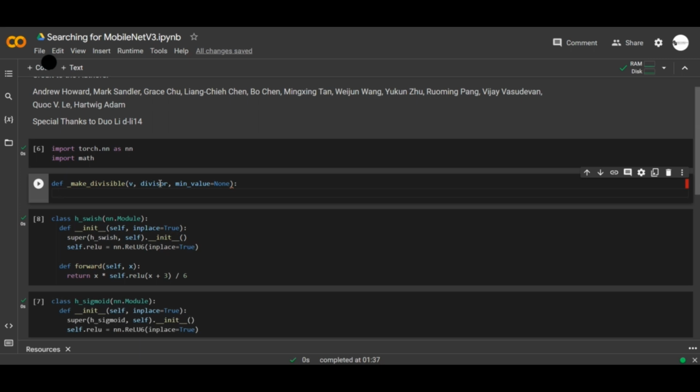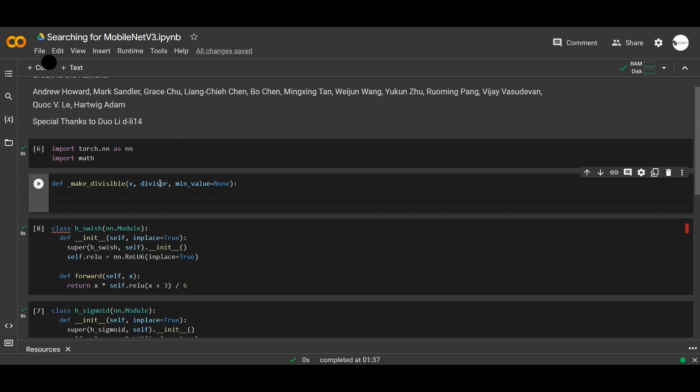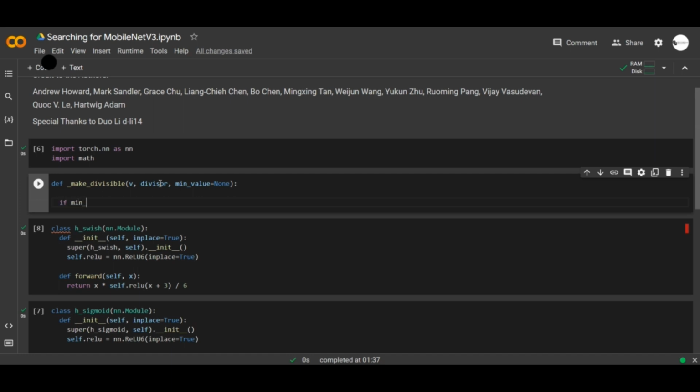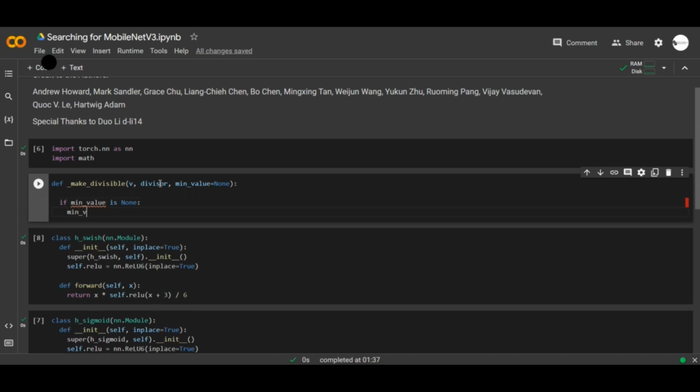So I'd like some feedback. Anyway, let's continue. Like I said, we try to ensure that all the layers have a channel number that is divisible by the divisor. So we're gonna say if min value, which is passed in there, is none, meaning that it's not passed in, then min value is gonna be the divisor.